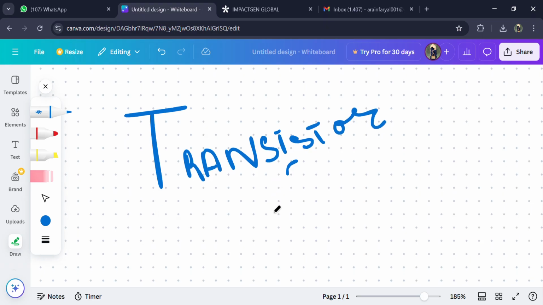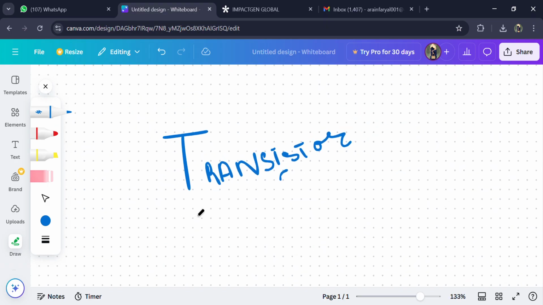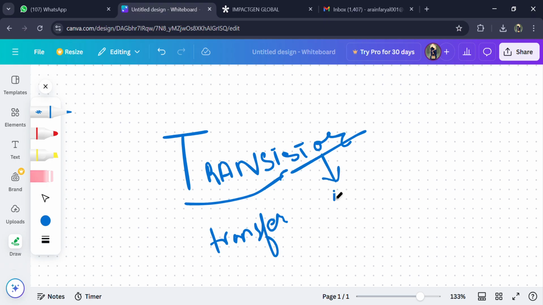So this transistor is actually a derivative of "trans", that means transfer, and "sistor", that means it is actually referred to the resistance.